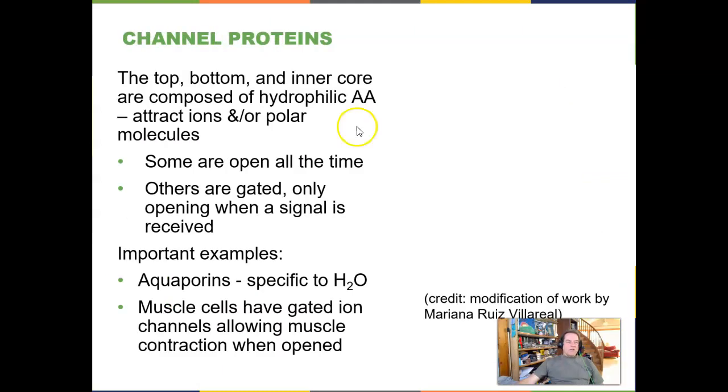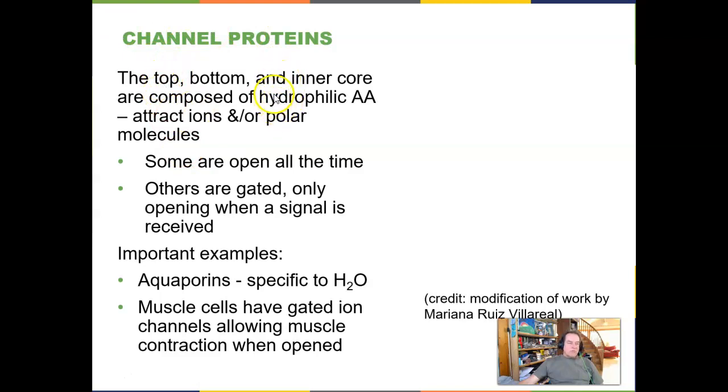So these integral proteins will inevitably have hydrophobic regions that are part of a core. That inner core is hydrophobic amino acids, and then the top and the bottom, the bits facing the outside and the inside, are going to be very hydrophilic, and they're going to attract ions and other polar molecules. That's going to be the nature of these channel proteins.